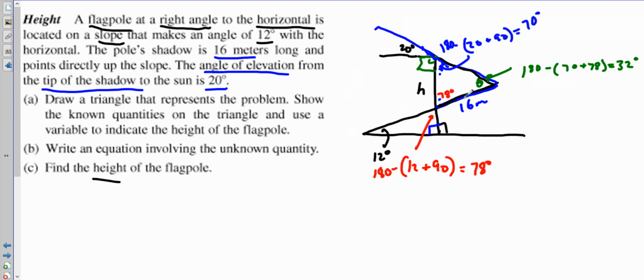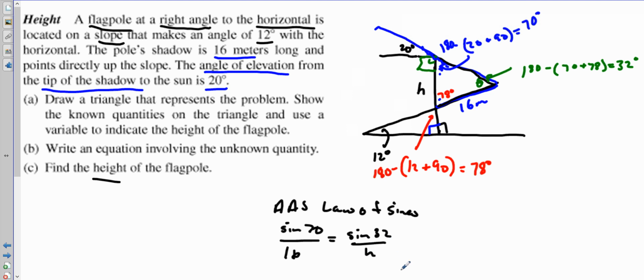We know this side, and we have an angle, and essentially we're trying to figure out this side right there. So we have angle, angle, side, and we can use the law of sines to help us solve this. We take the sine of 70 over 16, because that's the one opposite, and that equals the sine of 32 over h.